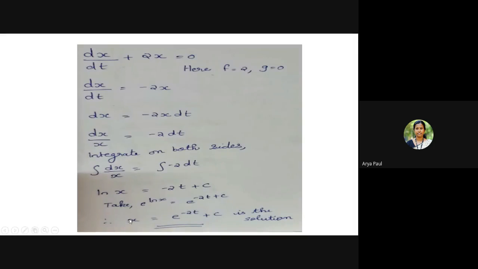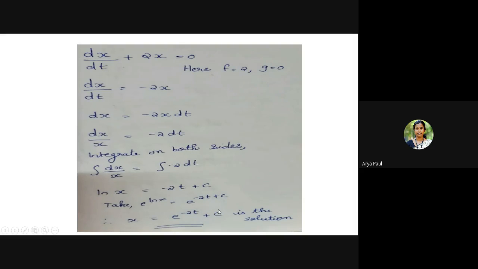Okay, so what is the final solution? The final solution you will get is x is equal to a constant into e raised to minus 2 times t. Because e raised to minus 2 times t plus c, this plus c is in the exponential part. Minus 2 times t plus c gives e raised to minus 2t into e raised to c.